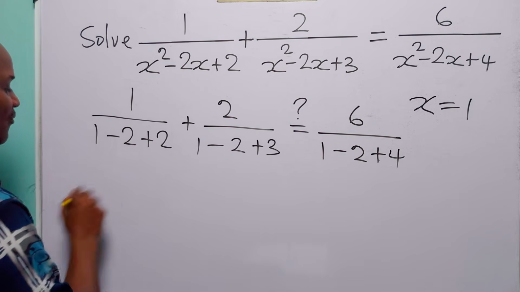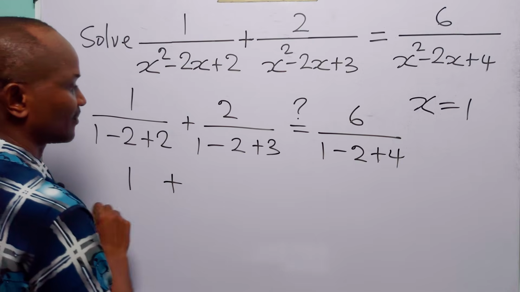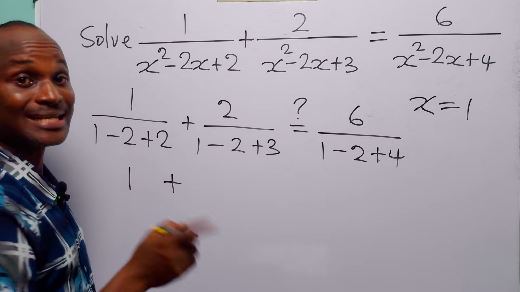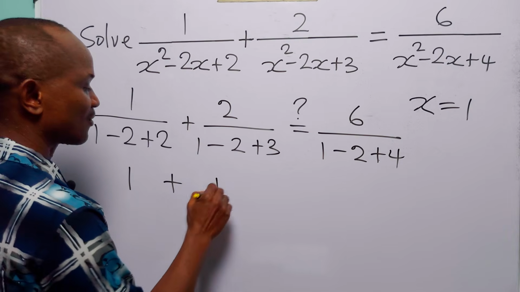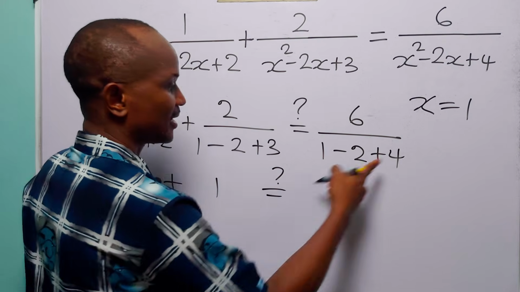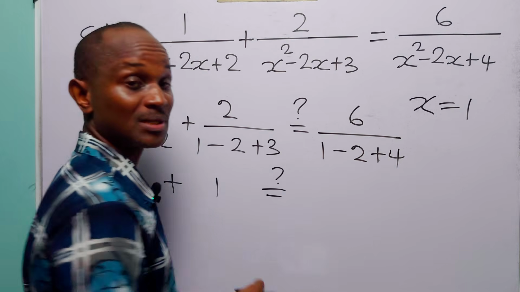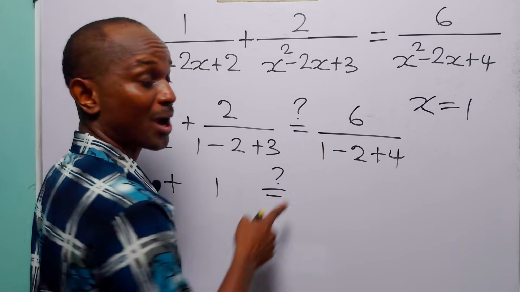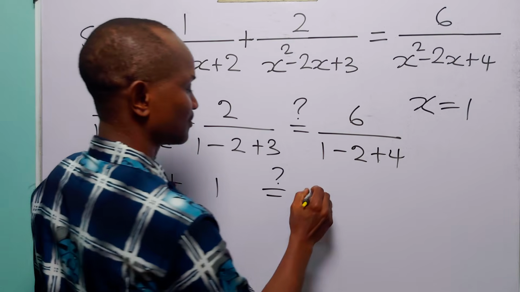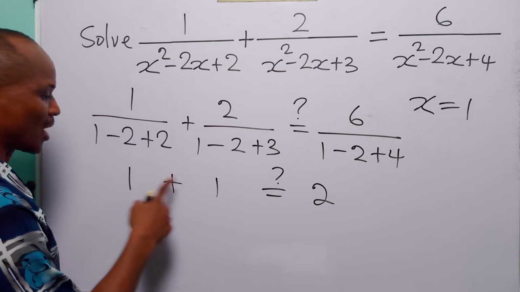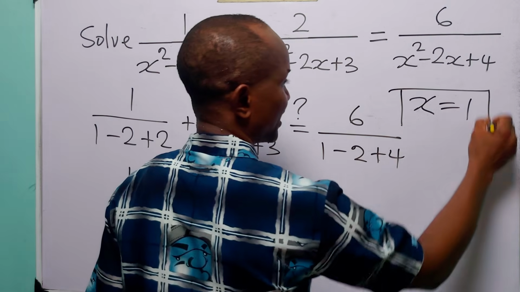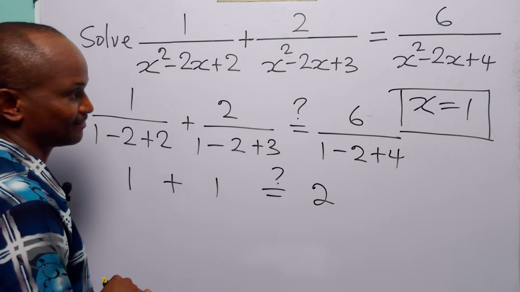So this is 1 over 1, which is 1. 3 minus 2 is 1. 1 plus 1 is 2. 2 over 2 is equal to 1. Now, is this equal to, 4 minus 2 is 2. 2 plus 1 is 3. 6 divided by 3 is 2. Of course, you know that 1 plus 1 is equal to 2. So this value of x checks out.